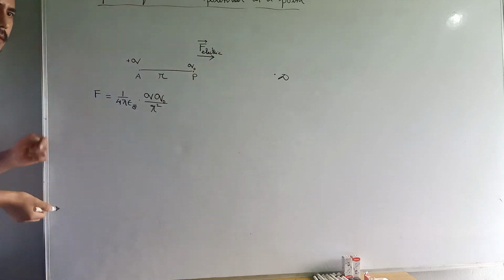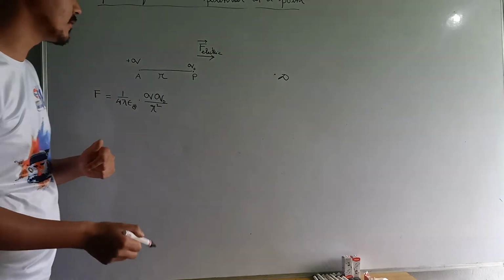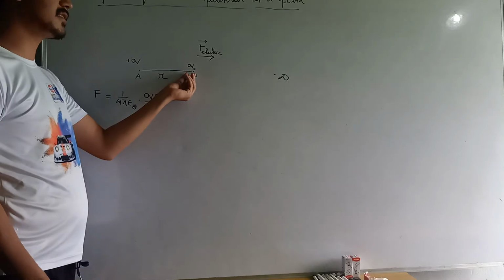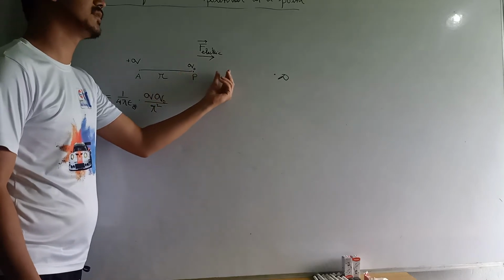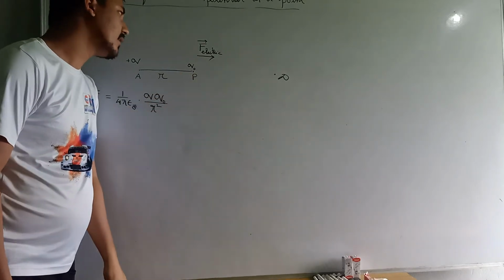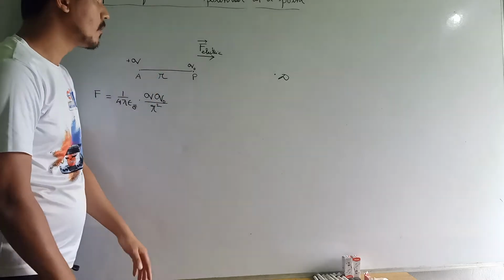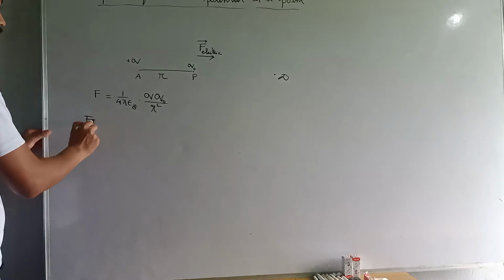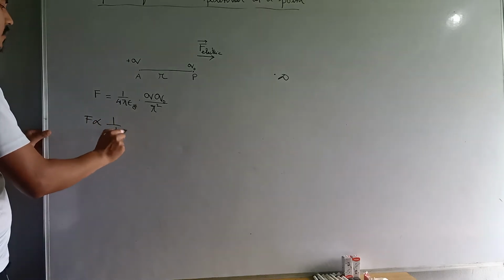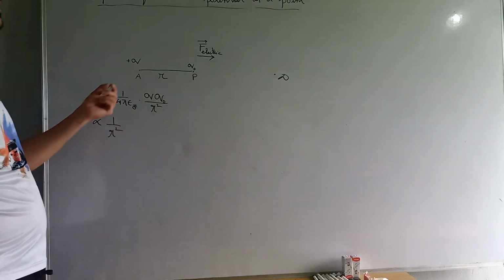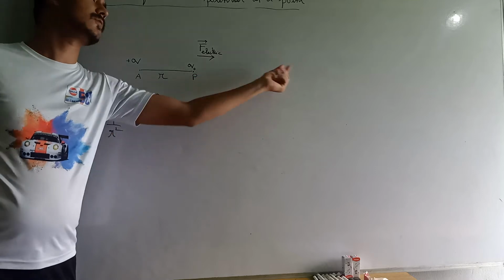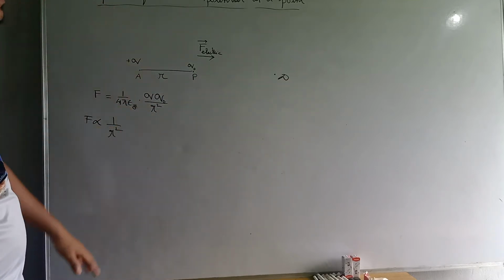See, you need not do any work here. Actually, when we think about this, keep Q naught here, since there is electric force, it will take it. But here the problem is the electric force is a variable force. Why? Because F is inversely proportional to the square of the distance. So as Q naught goes towards infinity, the force will decrease.